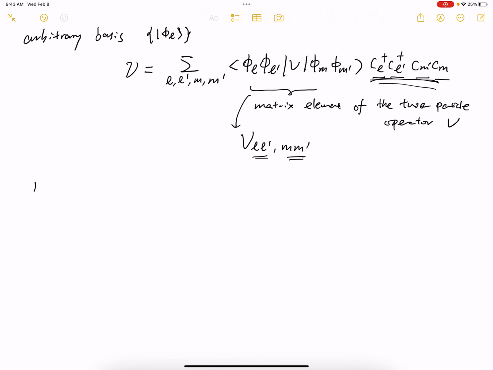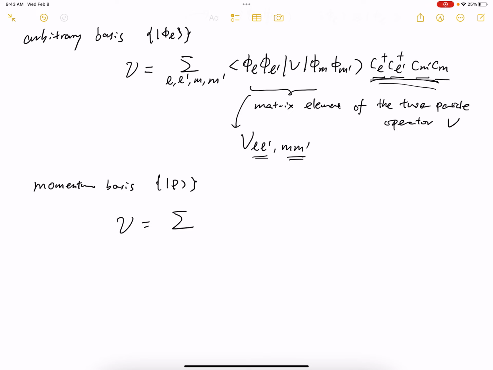Okay, so now we can go to the particular basis that is commonly used, the momentum basis. Here, for these basis states, we can just use the collection of momenta for a single particle. I'm just going to denote it by the ket of P. That's basically a state where the particle has exactly momentum P. Now if you think about this interaction energy in the second quantization picture, I'm just going to copy this top formula here.